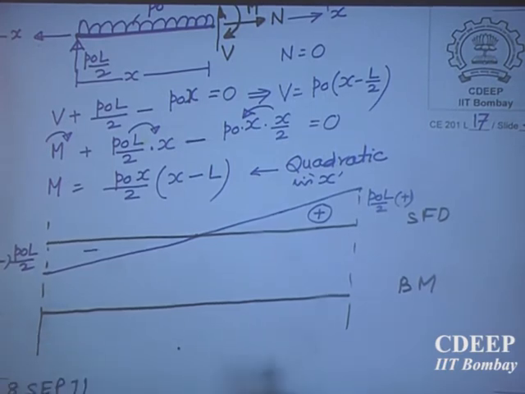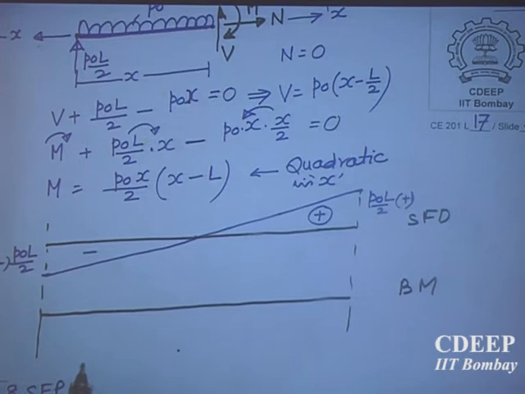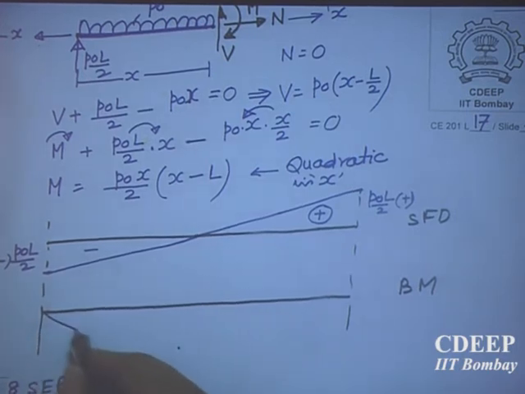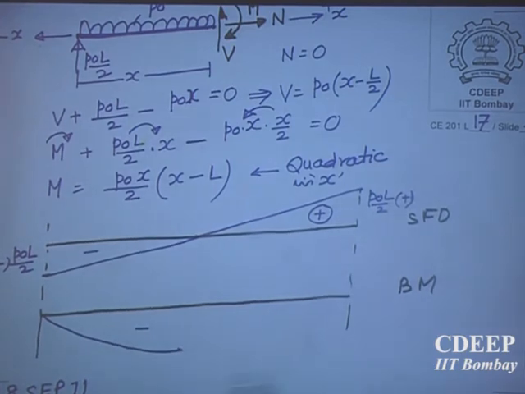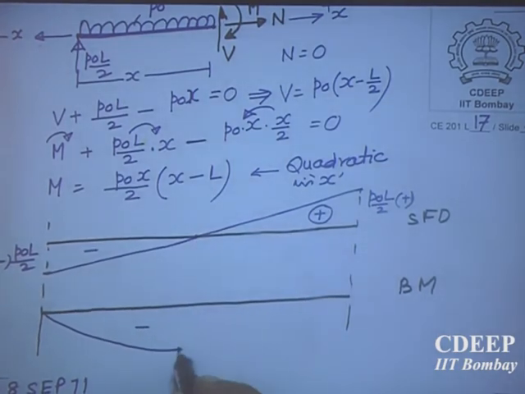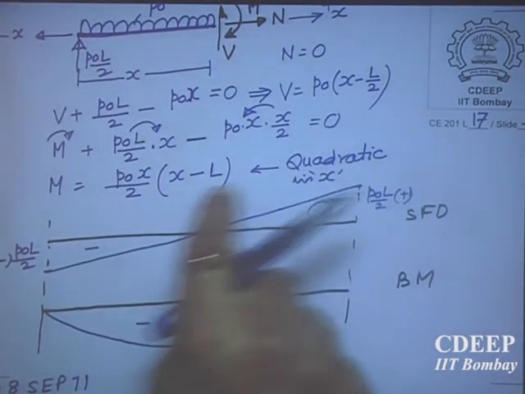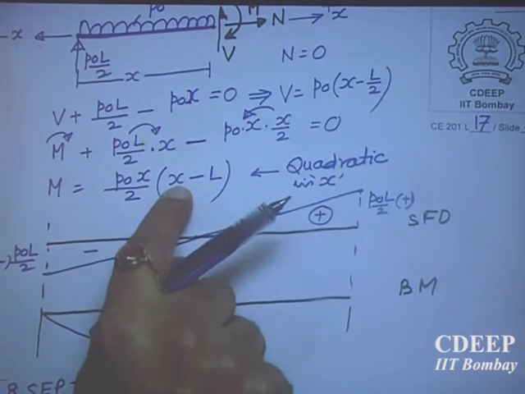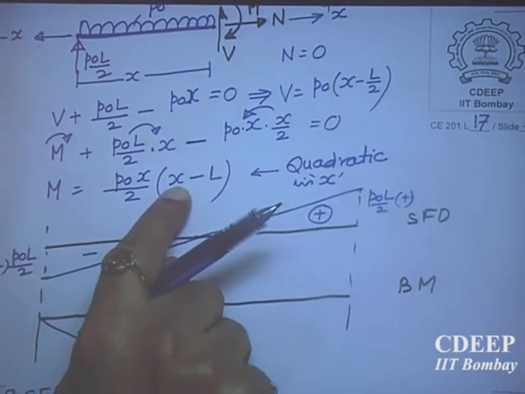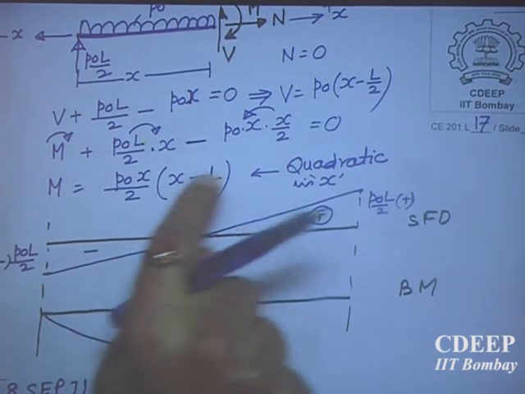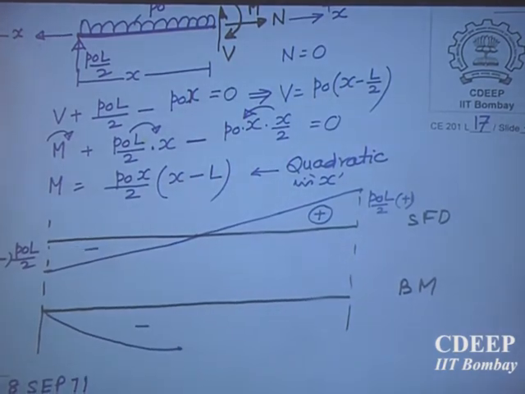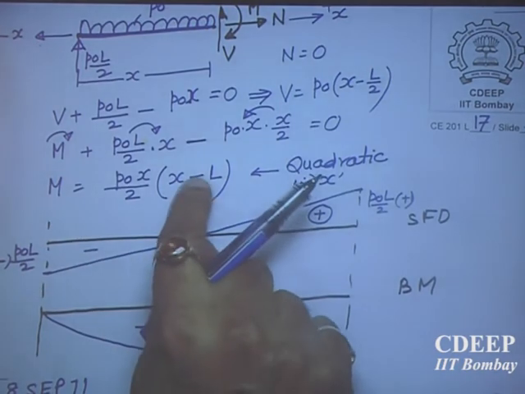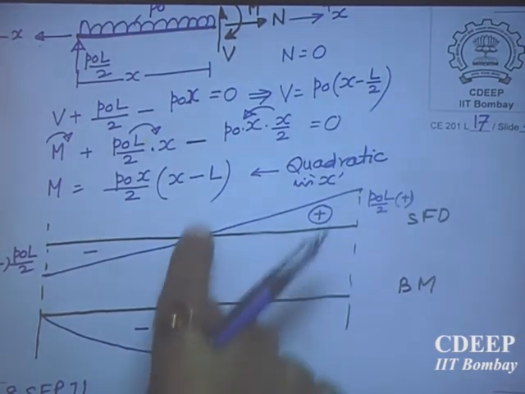Second degree curve means parabola. So negative, I am drawing negative. So up to center I have come. Now go beyond center. Let us make x equal to more than L by 2. Still minus will remain. It is not changing sign.